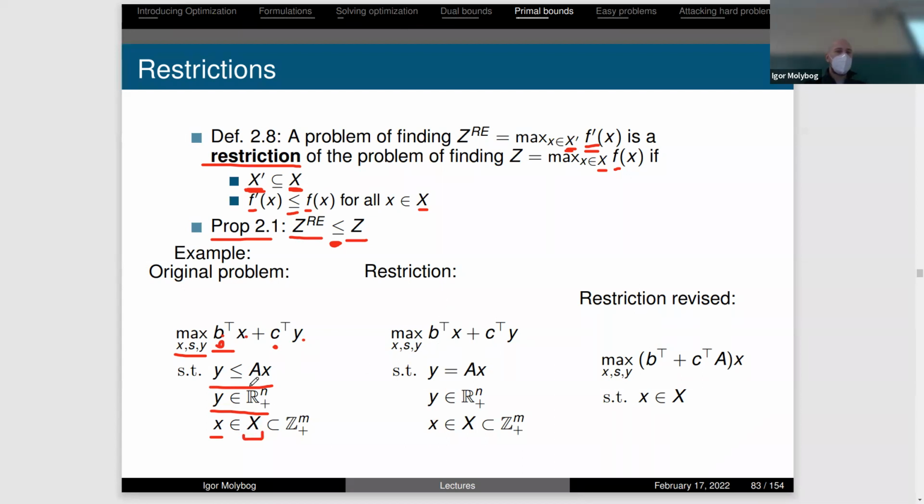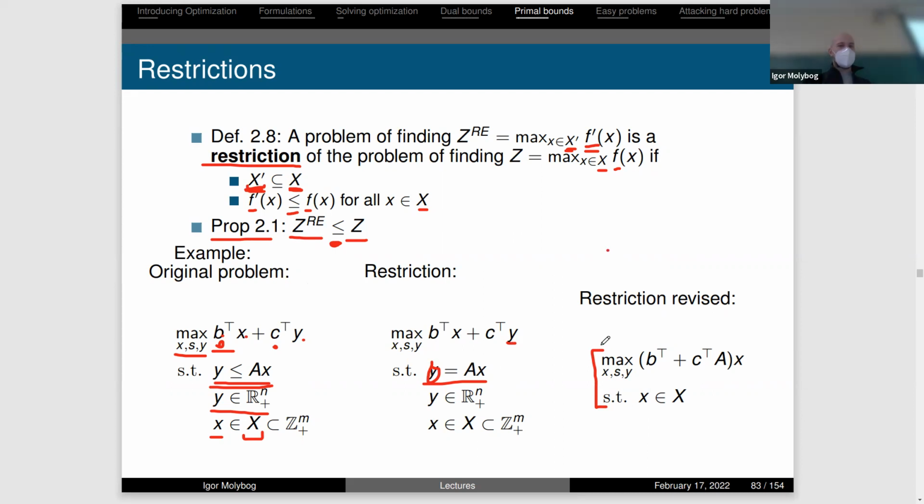A restriction would be, for example, to restrict this inequality to become an equality, and then substitute the vector y into the objective function in order to obtain a new restricted problem that is obviously a restriction of the original one, just because our new set x dash is in fact a subset of the original feasible region.